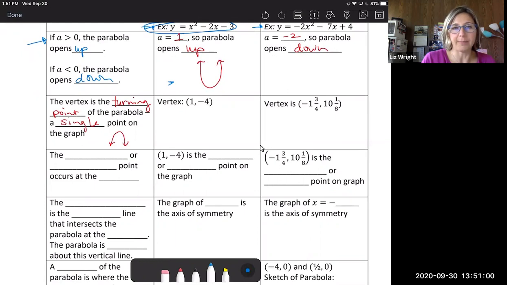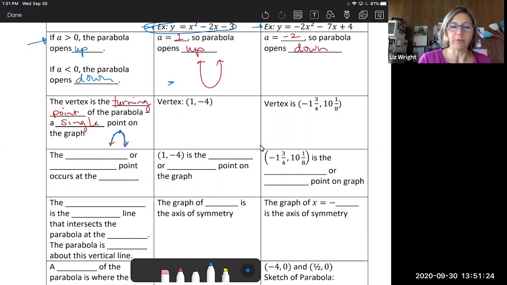So if I put my pencil on this portion, I go up, up, up, and then all of a sudden I start going down, down, down. The vertex is going to be a single point right up here, where all of a sudden first your graph is increasing, increasing, increasing. Now we're decreasing, decreasing, decreasing. And so your vertex is what's called the turning point of your graph. And it's a single point.